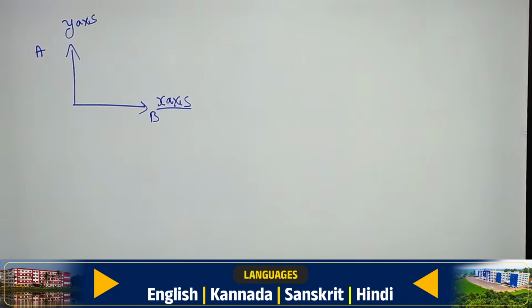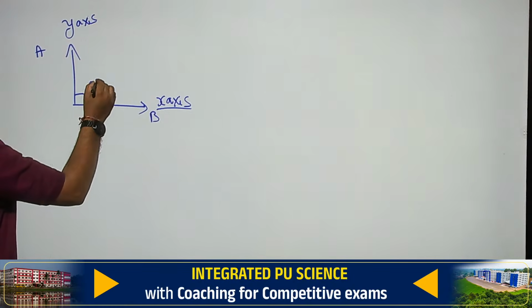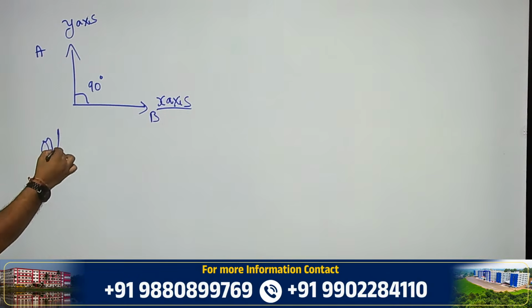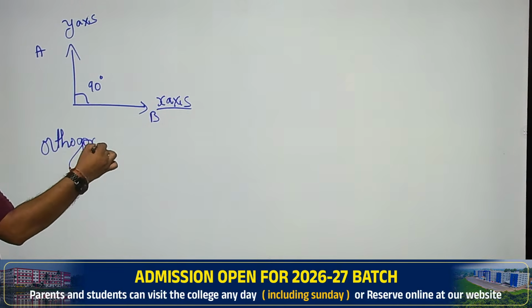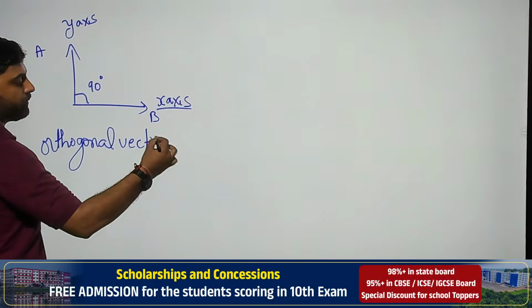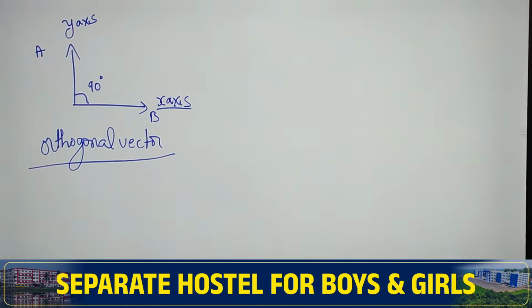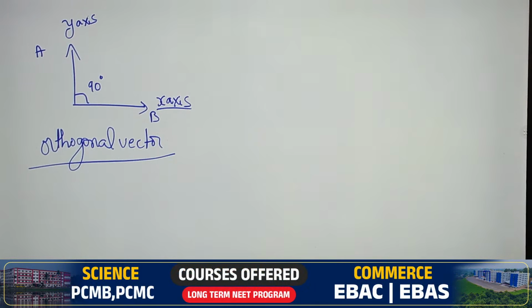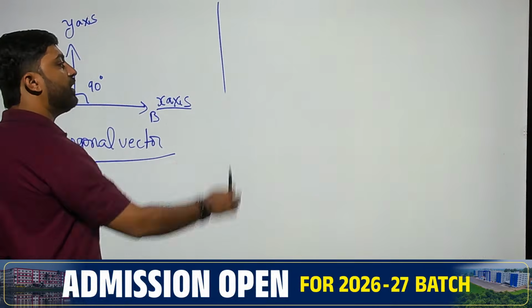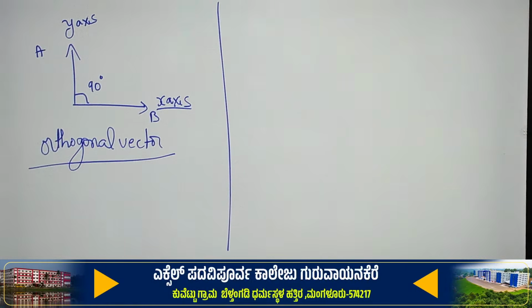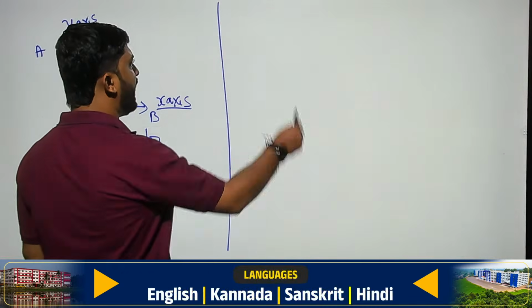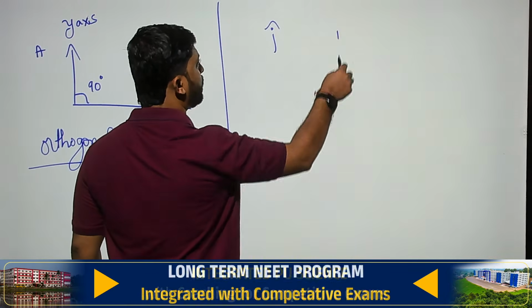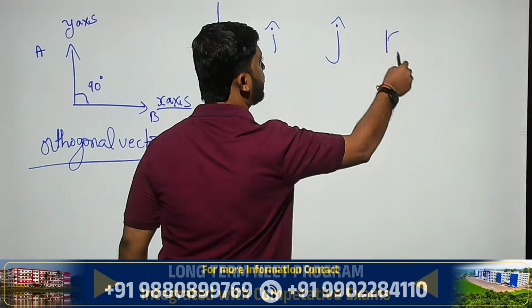It is 90 degrees, right? If the angle between two vectors is 90 degrees, then they are called orthogonal vectors. What are orthogonal vectors? If the angle between two vectors is 90 degrees, they are called orthogonal vectors.